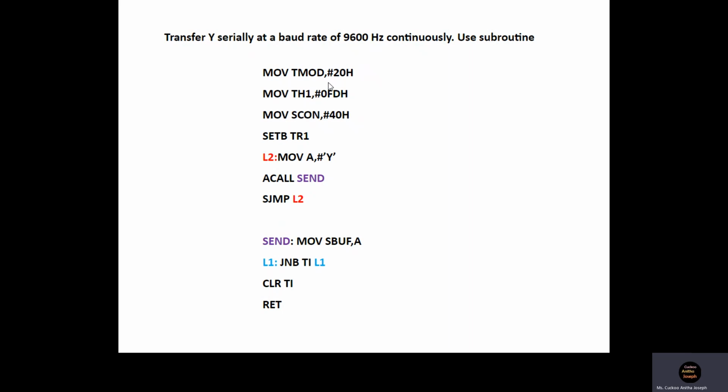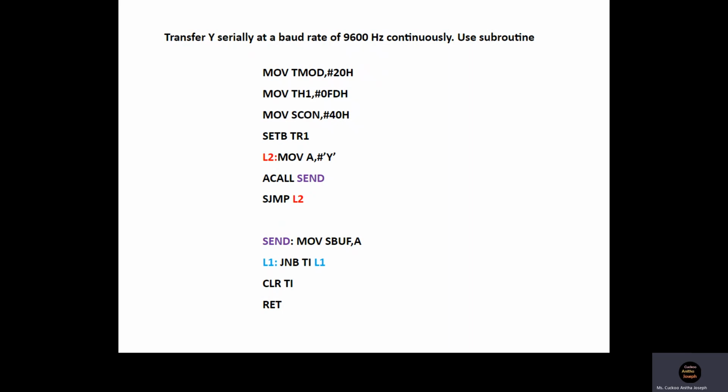Now once you have selected mode 2 for timer 1, you have to load an initial count into TH1 so that you get a baud rate of 9600 Hz. The initial count corresponding to 9600 Hz is FD. You can just remember that or you can calculate it using the formula.